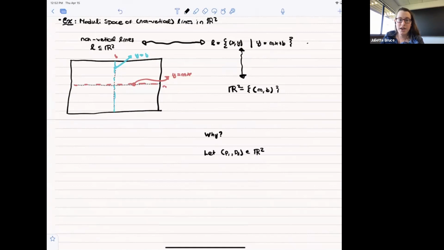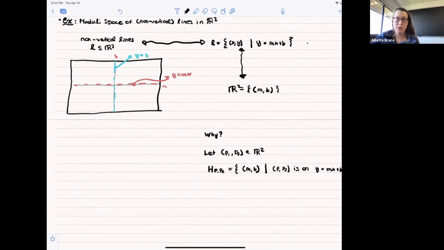And then I can ask for the set, which I'm going to call H P1,P2. Maybe bad notation, but I want it to be the set of (m, b) where the point P1, P2 is on y equals mx plus b.